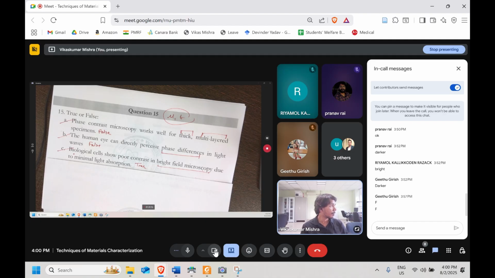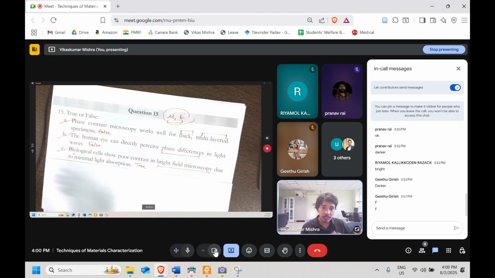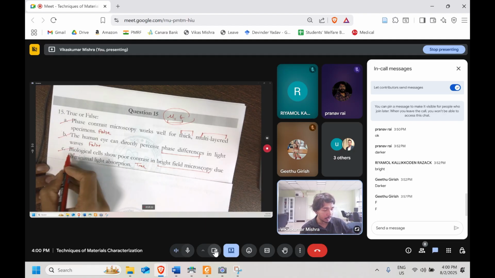So due to this difference, the phase contrast is there. So phase contrast microscopy is very beneficial for these biological cells.